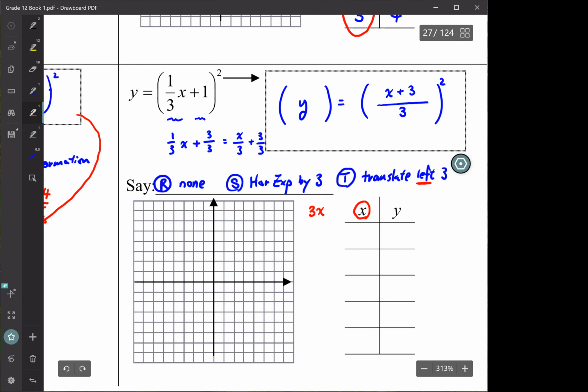In order to move points to the left, do we need to add or subtract? Donna? Add. We need to do subtraction actually, okay? If I want to make it go left, you need to subtract by 3.